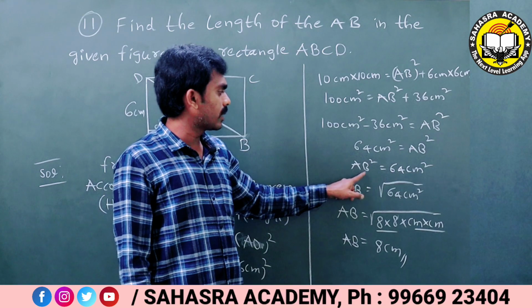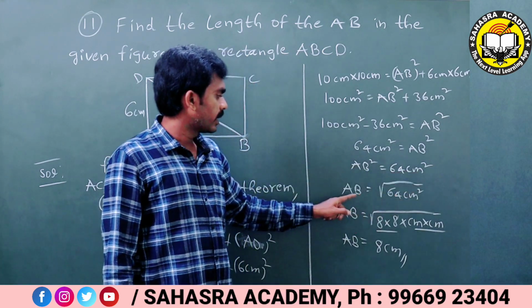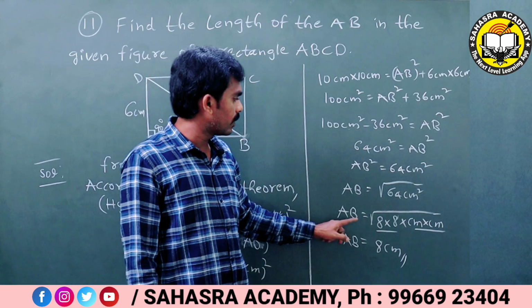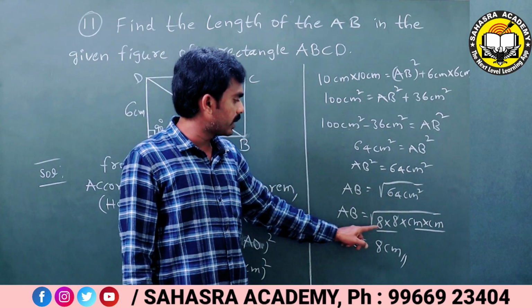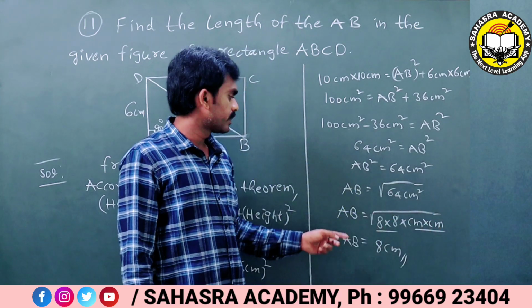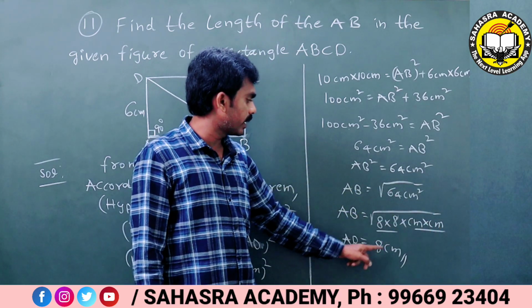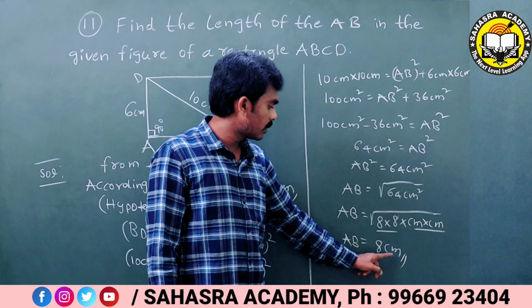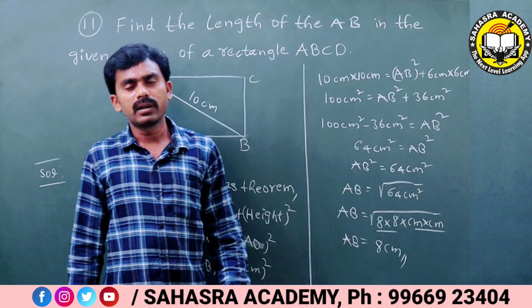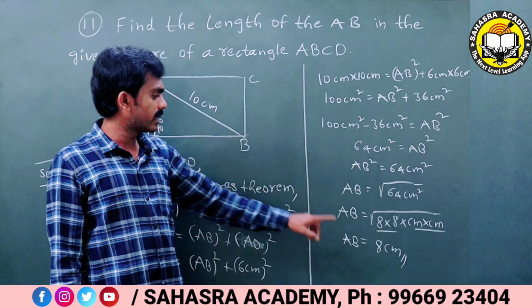So here AB square equal to 64 centimeter square, AB equal to square root of 64 centimeter square. So AB equal to, 64 can be written as 8 into 8. Centimeter square can be written as centimeter into centimeter. So instead of 2 8s we can take 1 8. Instead of 2 centimeters we can take 1 centimeter. So AB equal to 8 centimeter. So here the length of AB in the given figure is 8 centimeter.